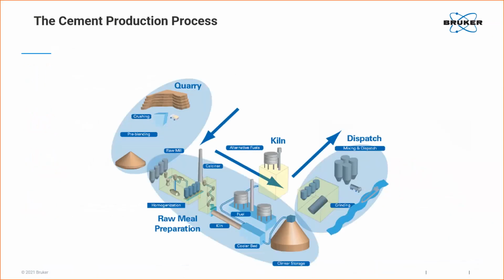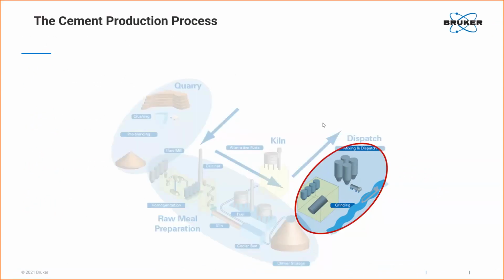So as already said, when we look at the cement production process, there are a couple of areas where the phase composition is important. And today we would like to focus on this area. So what happens in the cement mill, and also in the silo.